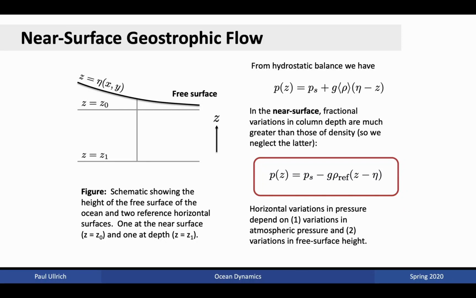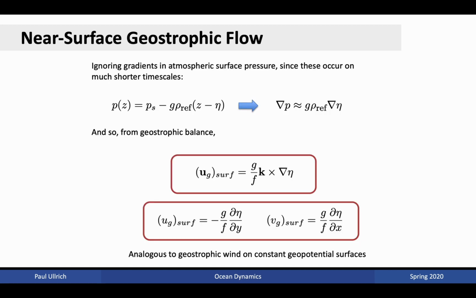In this regime, the horizontal variations in the mean layer density are small, and so we can neglect that mean layer density variation and replace it simply with the reference density. So ignoring these gradients in atmospheric surface pressure, since they occur on much shorter timescales, we then have that horizontal variations in the pressure that are experienced in the near surface are largely given by horizontal variations in the sea surface height.